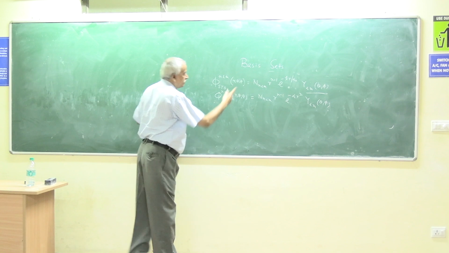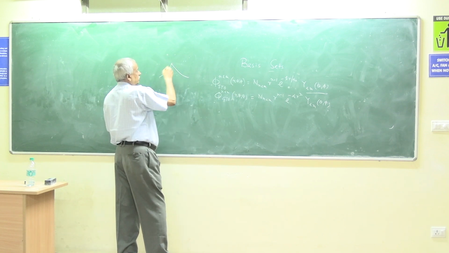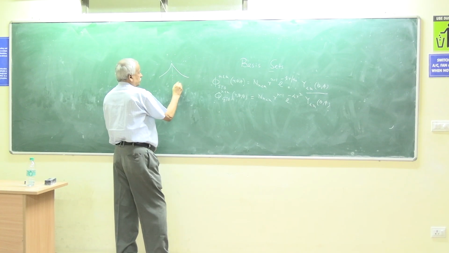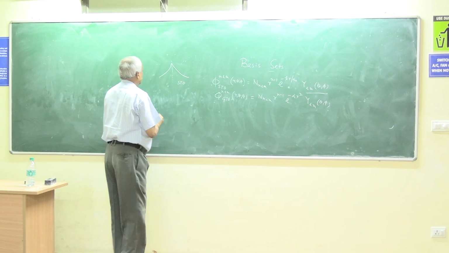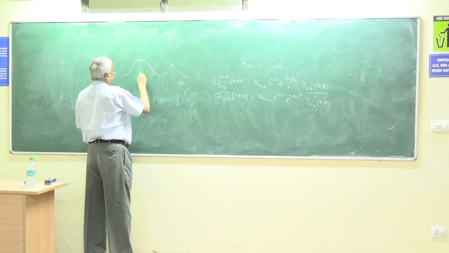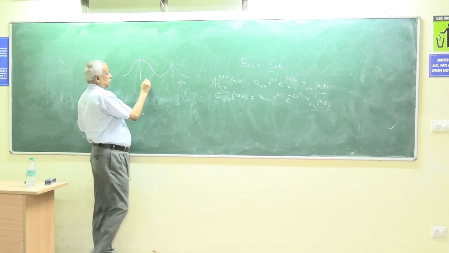That means this function goes like this, exponentially decaying this way at the nucleus site. This is your STO, but the Gaussian will go like this. At the nucleus site, it is continuous. This is your GTO.